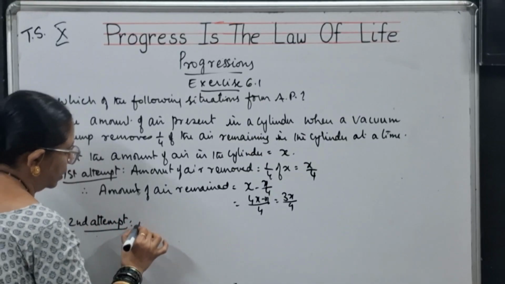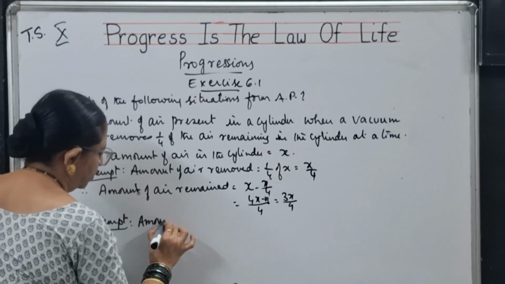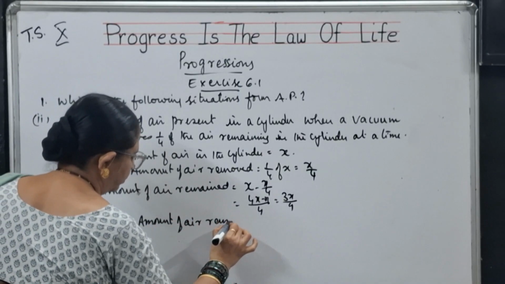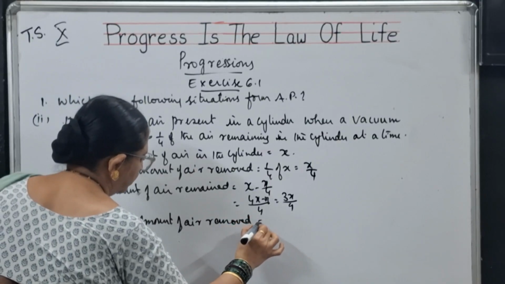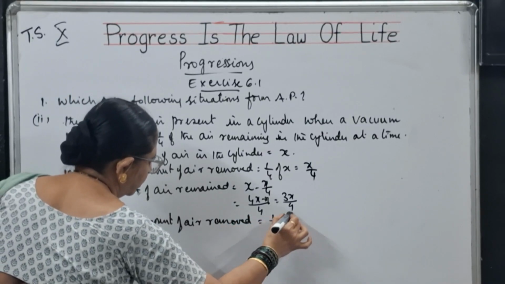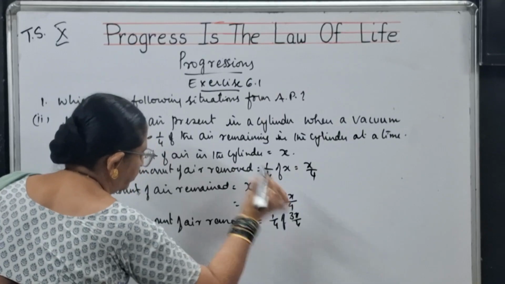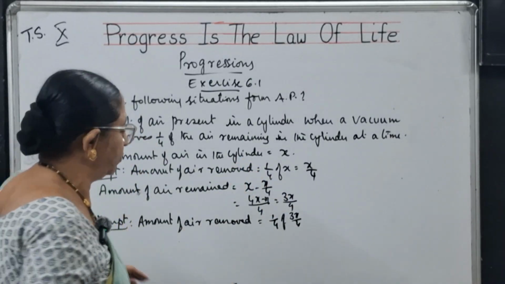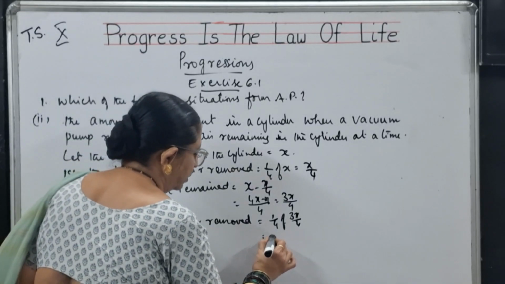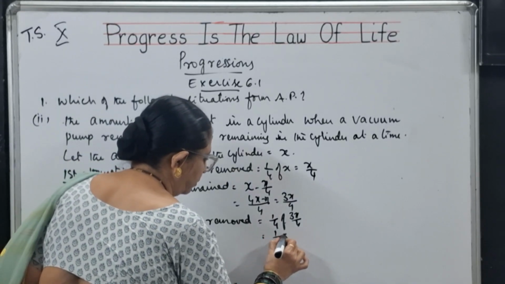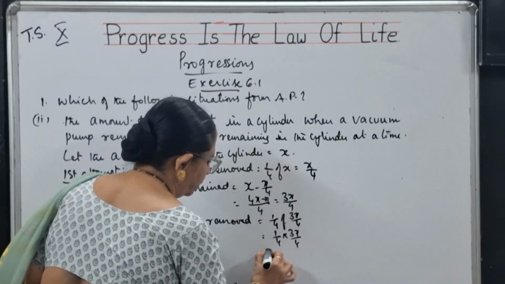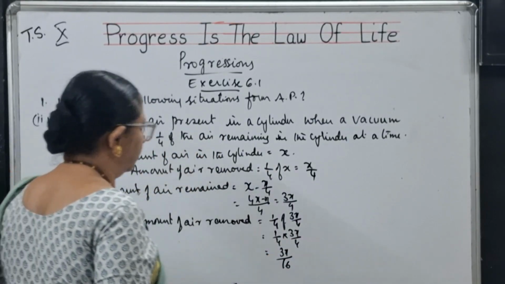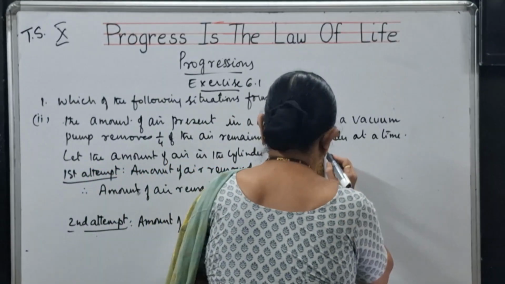the amount of air removed is equal to 1 by 4th of 3x by 4, because the remaining air is 3x by 4, and 1/4 of 3x by 4, that is 1 by 4 into 3x by 4, that is 3x by 16. That means, what is the amount of the air remained?